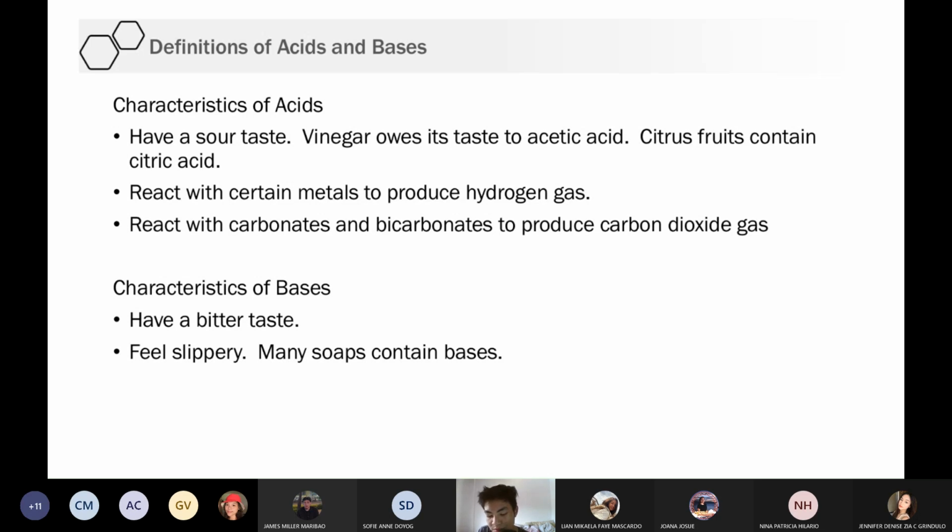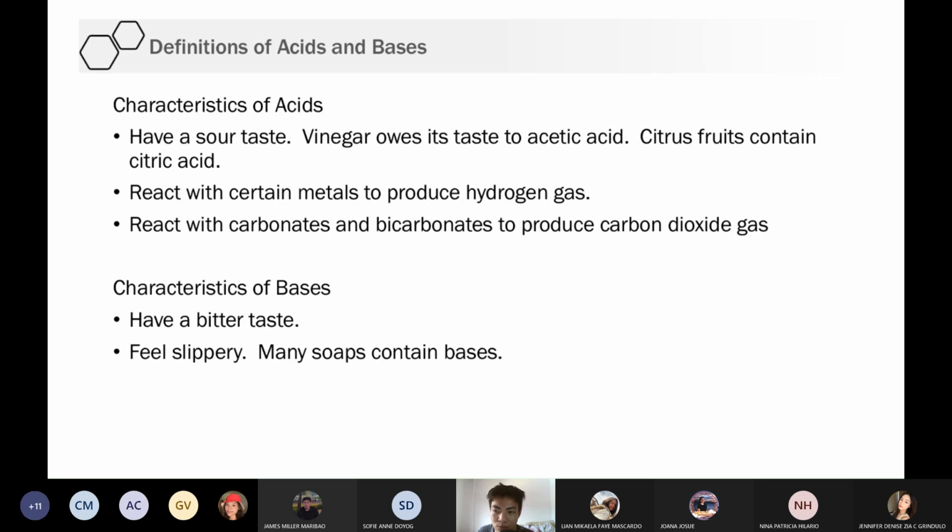Okay? So, yan yung characteristic ng acid and base natin. Kapag acid, maasim. Pag base, bitter. Pero ngayon, paano natin made-define kung ang isang molecule ay acid or base? Siyempre, sa ngayon, hindi mo naman matitikman lahat ng chemicals. Una, kasi delikado.